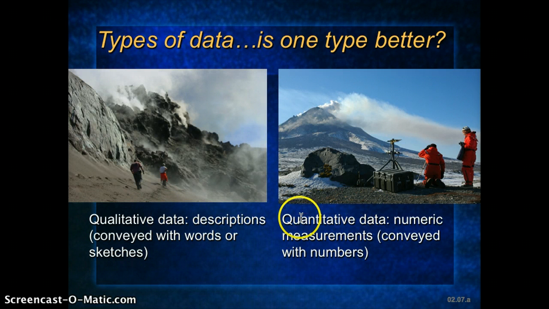When possible, we like to use quantitative data to describe things just because it does help reduce some of the misunderstandings. So for example, if you say a sound was loud, loud might mean very different things to different people. If we measure that sound in decibels, it gives us a number, it tells us how loud, but it also does not tell us other things about that sound.